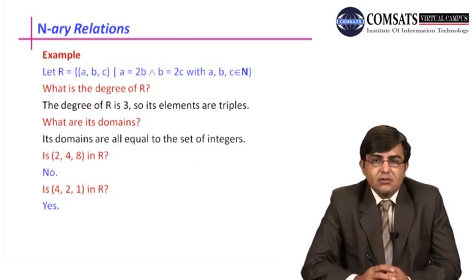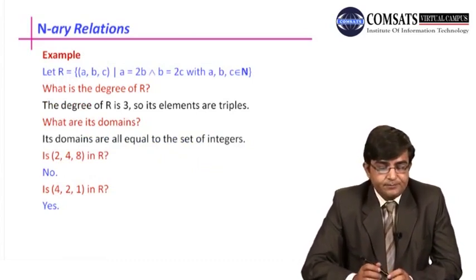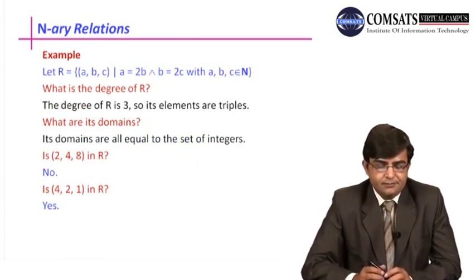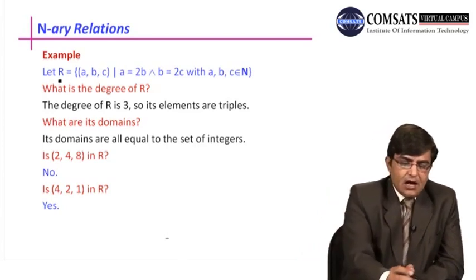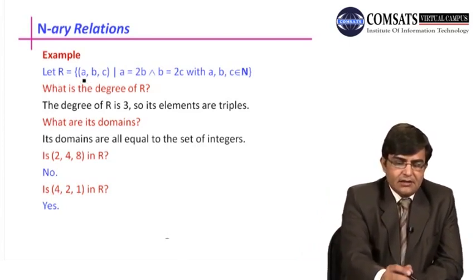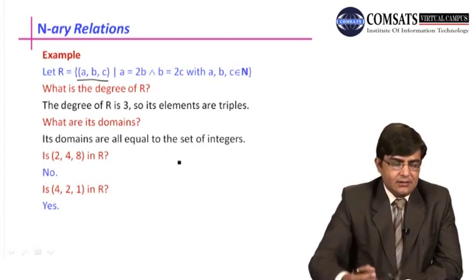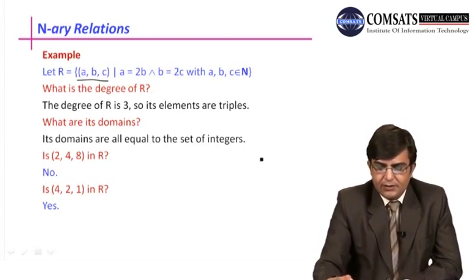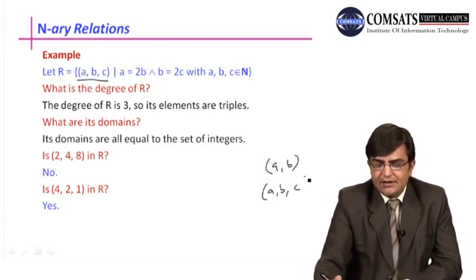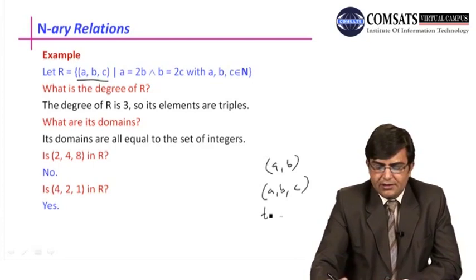Now we take an example of the ternary relation. If we are given a relation R which contains triplets, a pair of 2 elements is an ordered pair, and a set of 3 elements A, B, C is called a triplet.